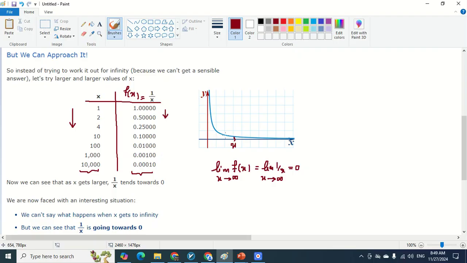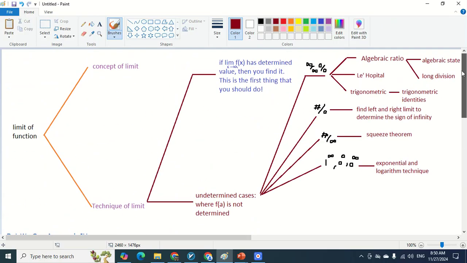As you go along the horizontal line to the positive side, I mean to this side, the value of x becomes larger and larger, and 1 over x, or the value of the function, tends towards 0. So for this reason we said that the limit of this function when x tends to infinity is equal to 0.